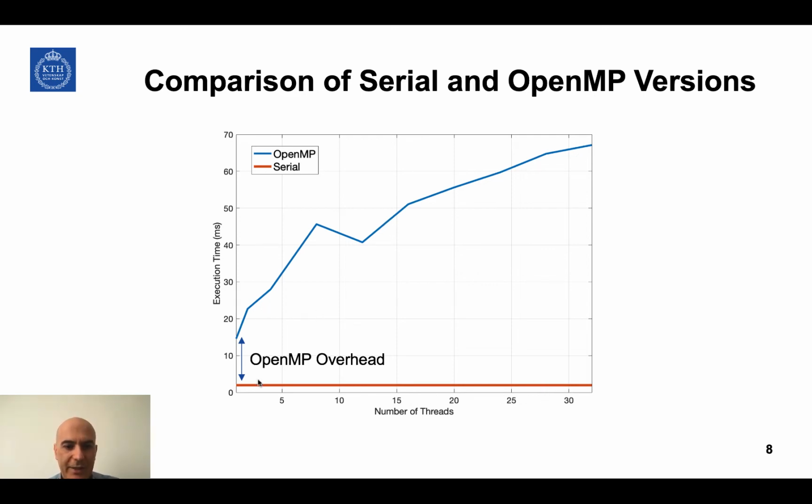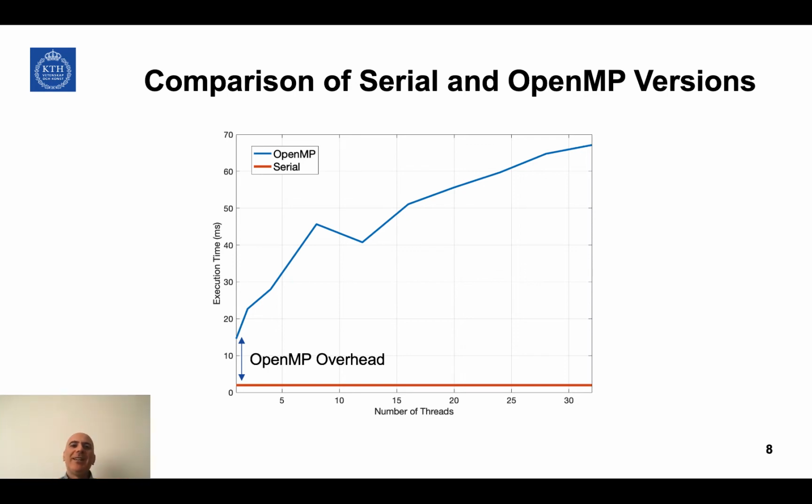The orange one is the serial, so it doesn't change depending on the number of threads, and the blue one changes depending on the number of threads because it's our OpenMP version. This figure is very scary. You see a few important things. First, the serial version is always faster than OpenMP.